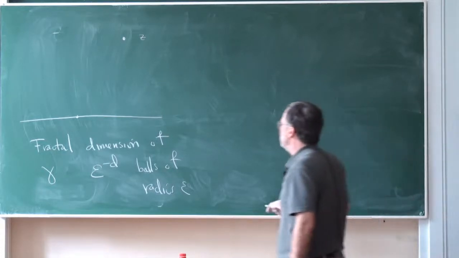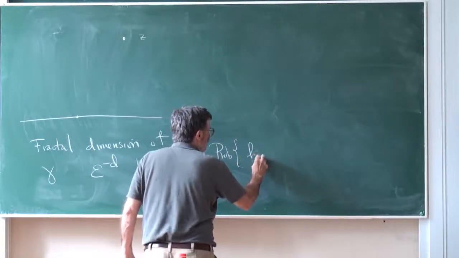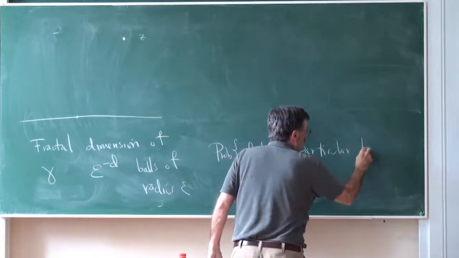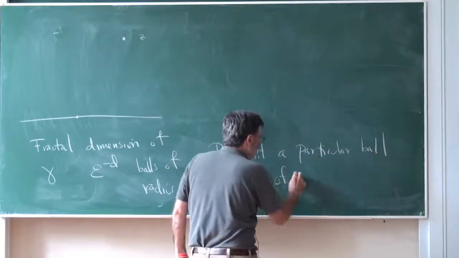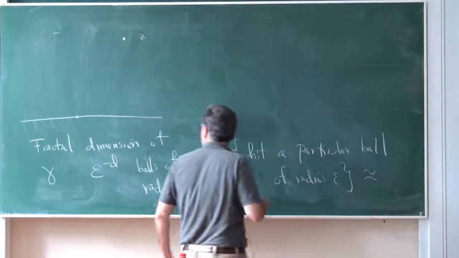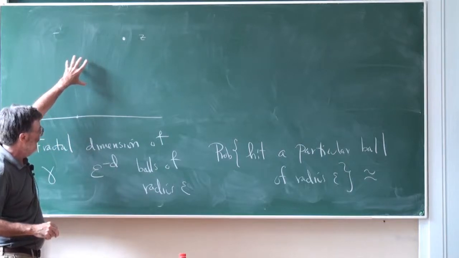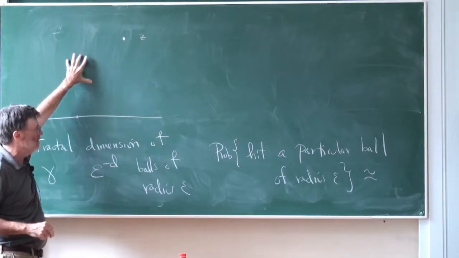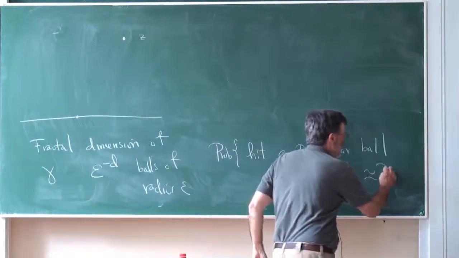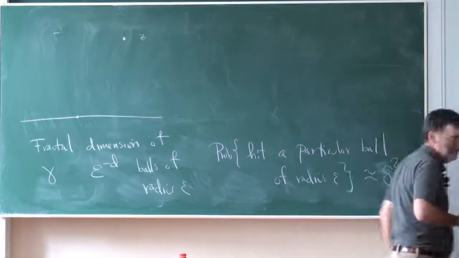Or in 2 dimensions, we could think of it as the probability to hit a particular ball of radius epsilon should look like, well, there are actually epsilon to the minus 2 such balls, so this should be epsilon to the 2 minus d.